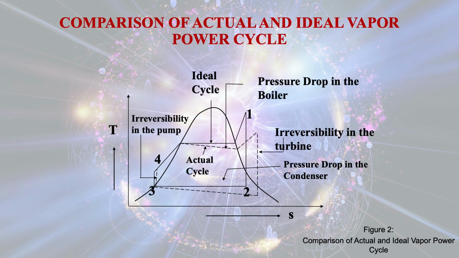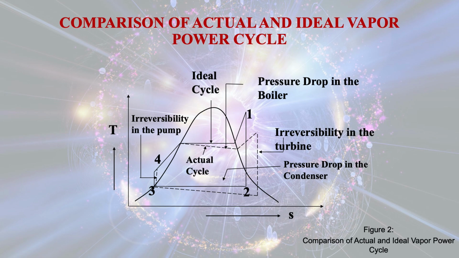This diagram is the TS diagram, the temperature entropy diagram, for the cyclic process for actual and ideal vapor power cycle. The dotted line depicts the actual vapor power cycle, whereas the solid line depicts the ideal cycle.